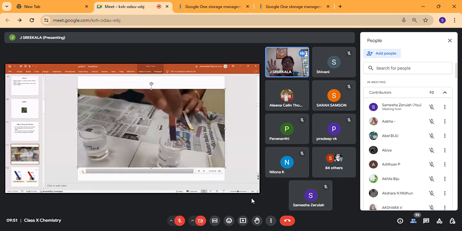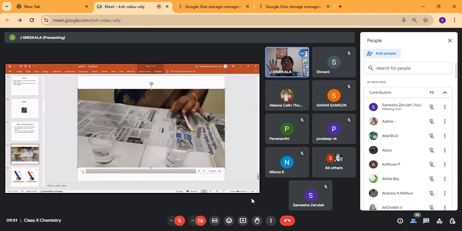So what can we confirm from this? Acid changes blue litmus into red, and base does not cause any color change with blue litmus. Are you writing? Yes, ma'am. Similarly, what is the reaction of base?